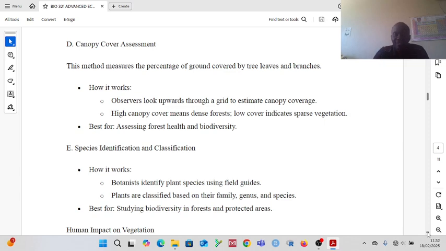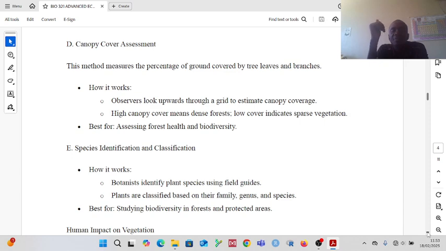If you record a high canopy cover, that just means the forest at that particular section is dense. At times you move through forests and you can hardly see even the sky. You cannot see through the forest. So in that section, there will be a very high canopy cover.